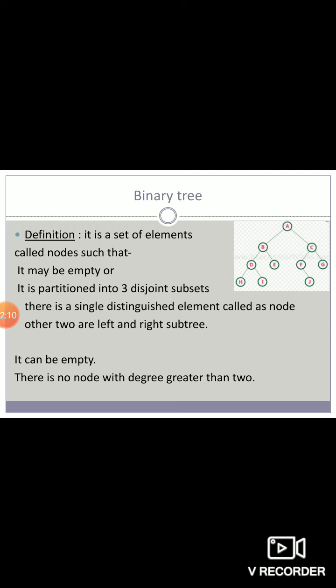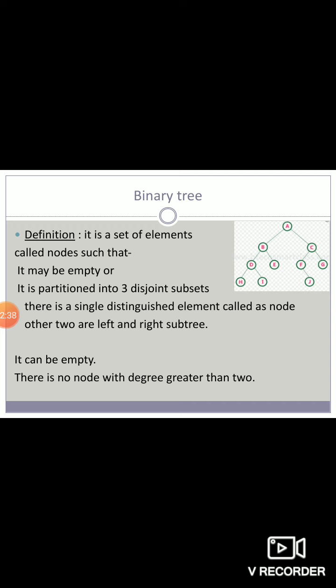First we will see the definition. A binary tree is a non-linear hierarchical data structure, a set of elements, and all those elements are called nodes.